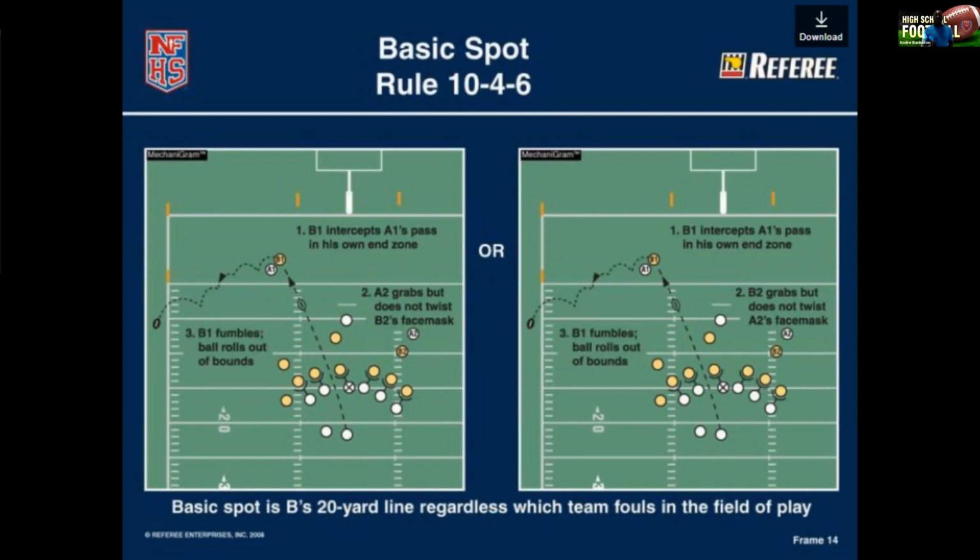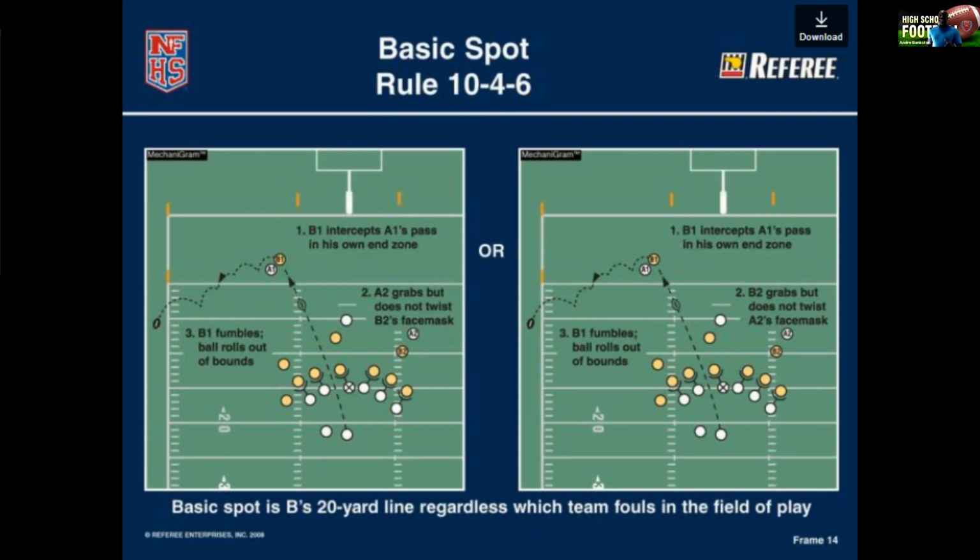This here is the fumble went back inbound and back out of bounds. Now, typically, if we don't understand the rules, we're going to think that we should enforce the foul from the 3-yard line because he fumbled the ball and went back into the field of play, and then it went out of bounds. However, the rule says it doesn't matter where the ball goes, right?